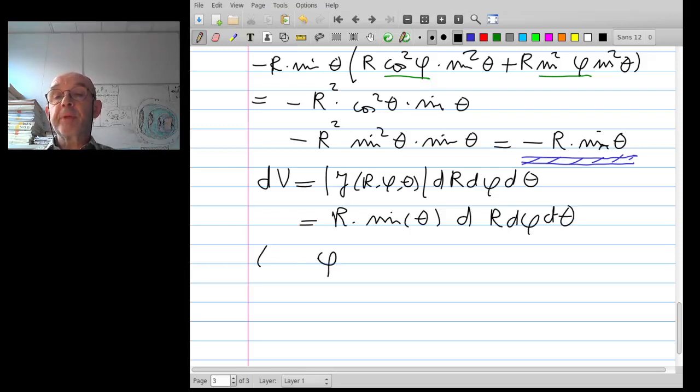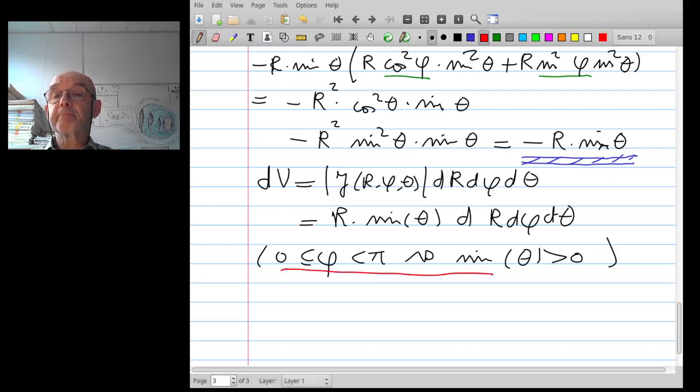And look, theta is greater or equal to 0 and less than pi, and that means that the sine of theta is also positive. And if you take some other coordinate transformation for your sphere, maybe you will get some other correction term, and be careful.